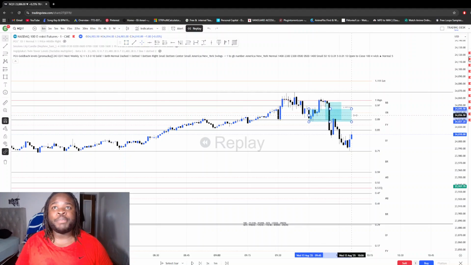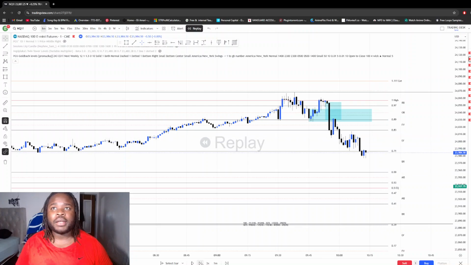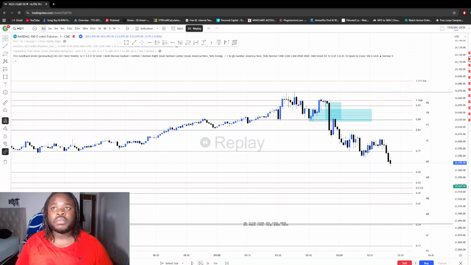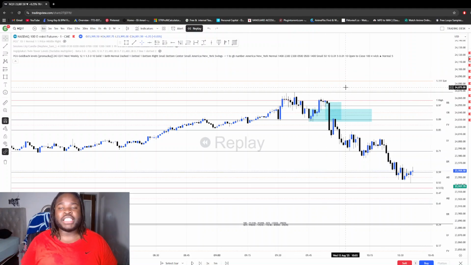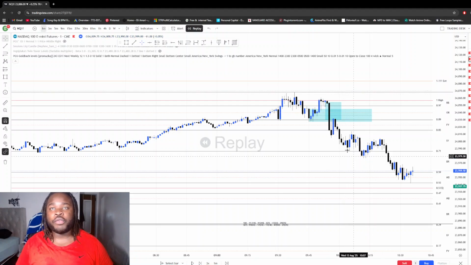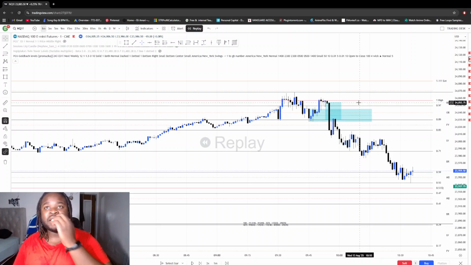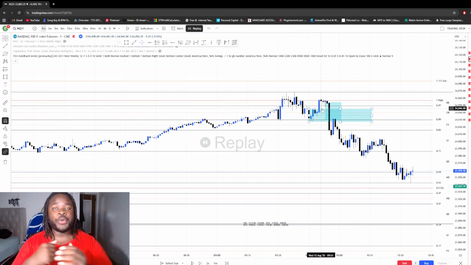You want to see price respecting bearish PD arrays, right? You want to see price rejecting higher prices and going lower, right? And it's important to keep in mind, where are you in the range.